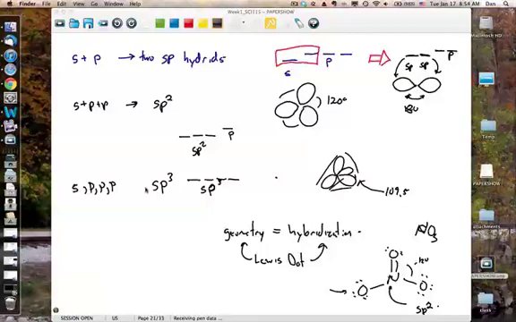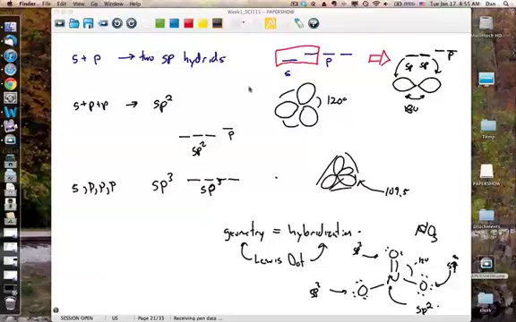The oxygens would be sp3 hybridized because it has 4 electron regions and therefore it has to be tetrahedral geometry, whereas this oxygen would be sp2 hybridized.